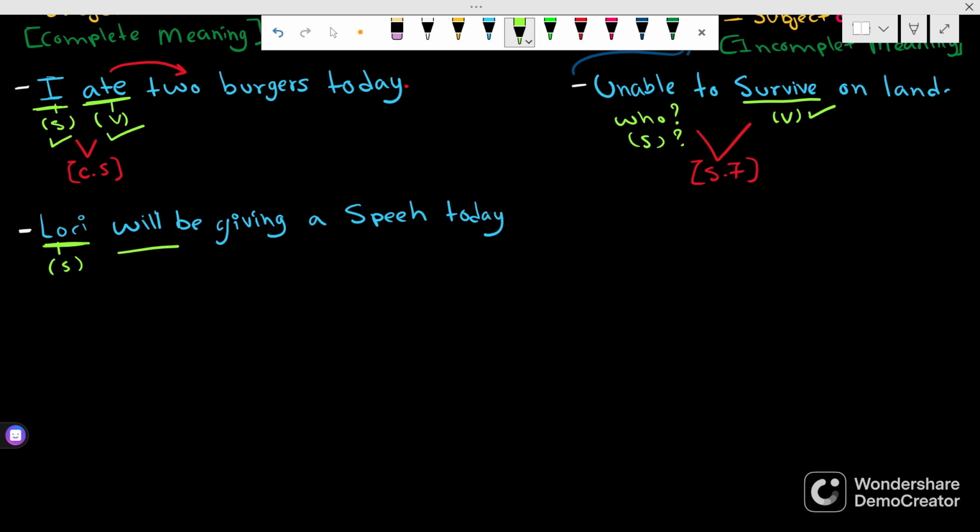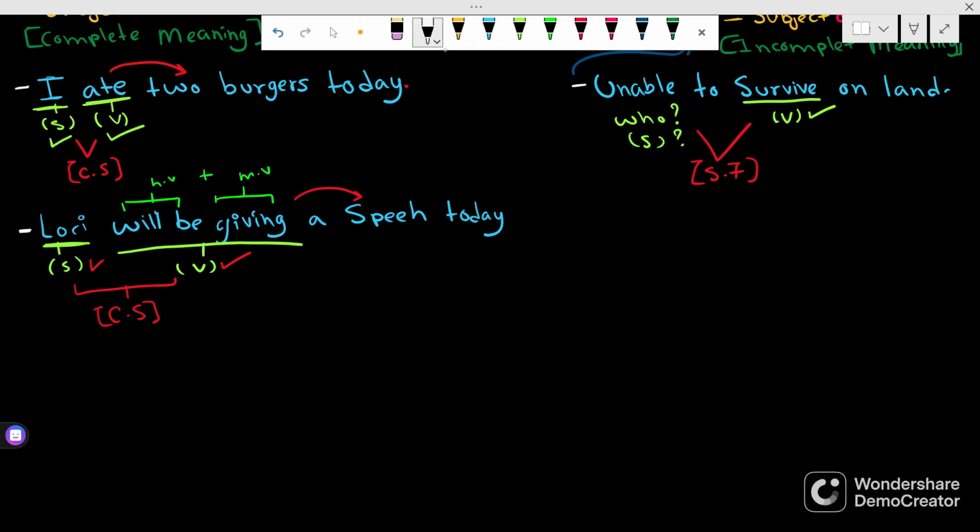Will be giving altogether is the verb. Why? Because we have a helping verb, will be, and a main verb, giving. Whenever there's a helping verb and main verb together, it's taken all together and counted as the complete predicate of the sentence. So both the subject and the verb are present, hence this is a complete sentence, as it expresses a complete thought. Lori will be giving what? A speech today.